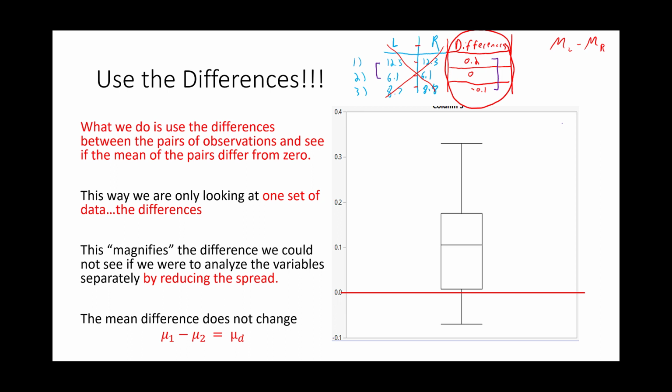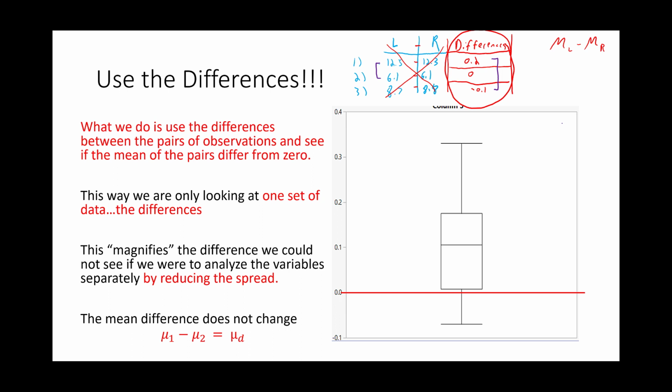When we look at individual differences, it doesn't matter that some people had big feet or some people had small feet. That matters when we look at those variables independently. Some people have small feet, some people have big feet, we look at that spread. But with the difference, we get rid of that variability. By looking at the differences, it doesn't matter if people have big feet or small feet.